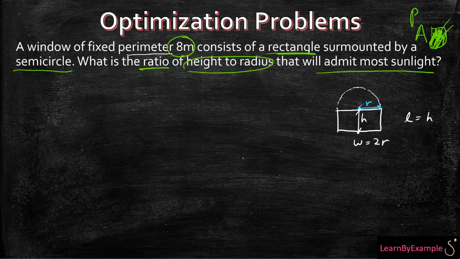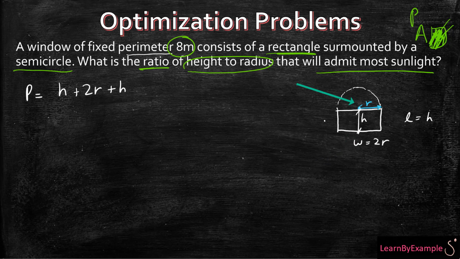So let's start by writing the perimeter equation, okay? So we know that perimeter is the summation of all your sides. So in this case, you have the 3 sides of your rectangle, and then half of the length of your circle, okay? So let's do that together. So we have a height here, so h plus 2r from the bottom of the rectangle plus another h, the other side of the rectangle, and then it's surrounded at the top by a semicircle.